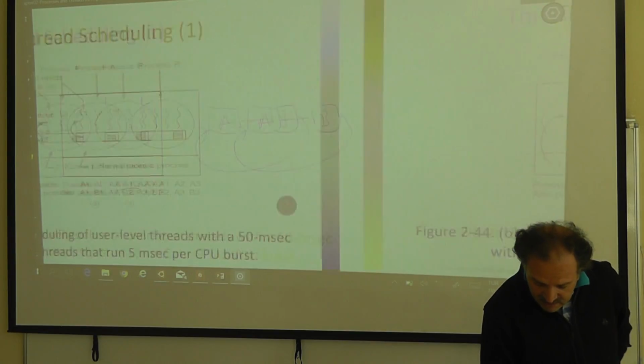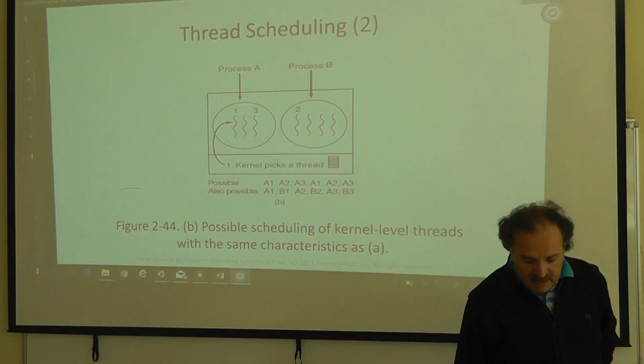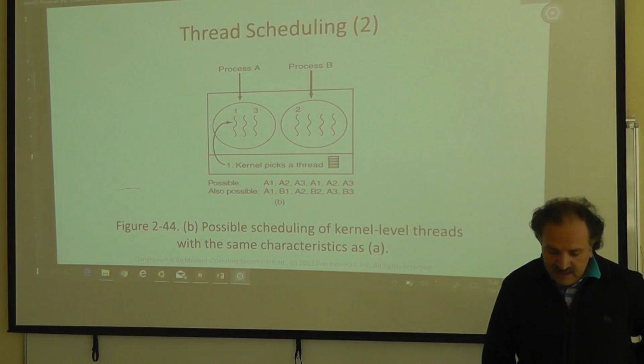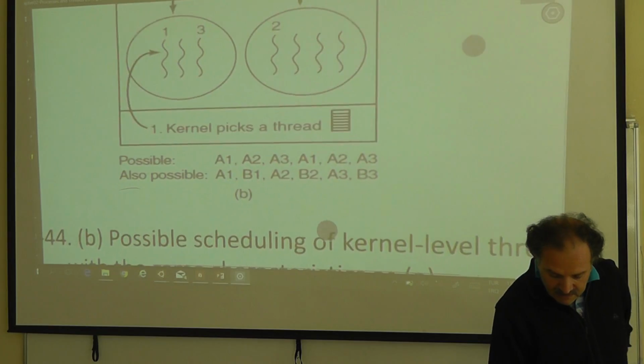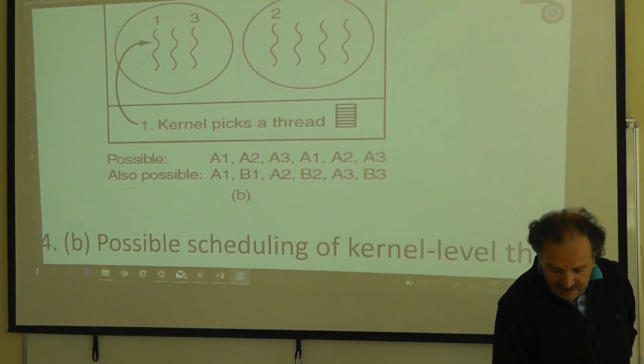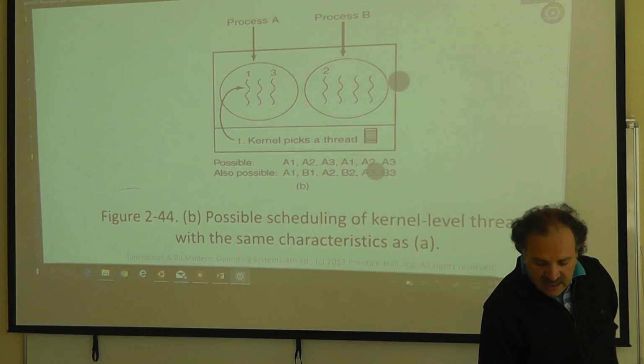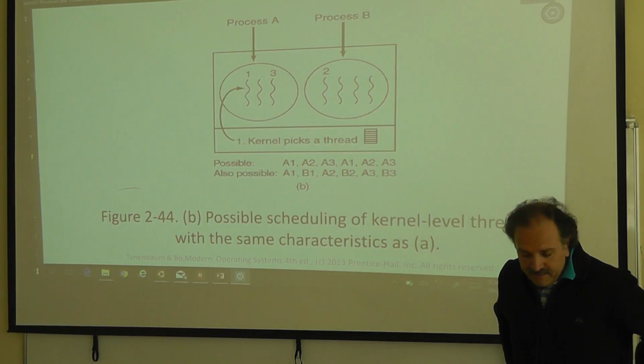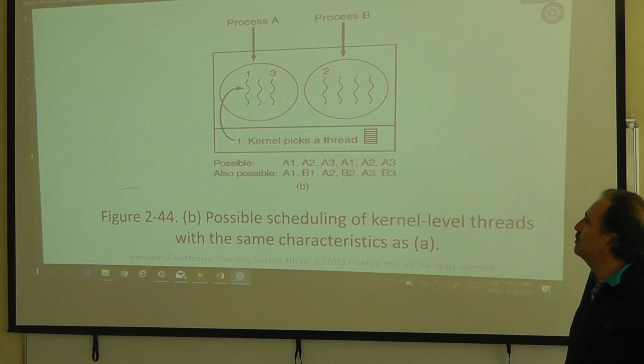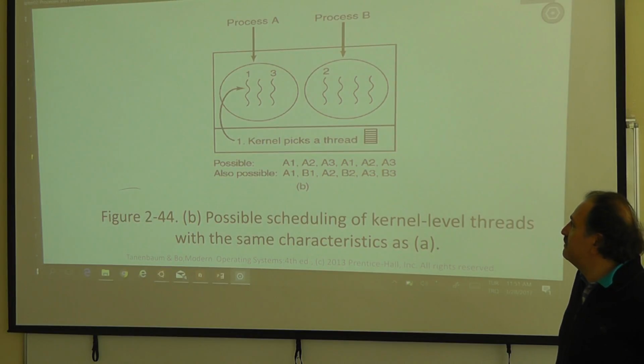But if I implement my threads within the kernel, then it is possible to have these kinds of scheduling decisions: A1, then A2, B1, then A2, then A1, B1, A2, B2, it goes that way. Because the scheduling decisions are done by the kernel, and the kernel has all the control of the interrupts and everything.